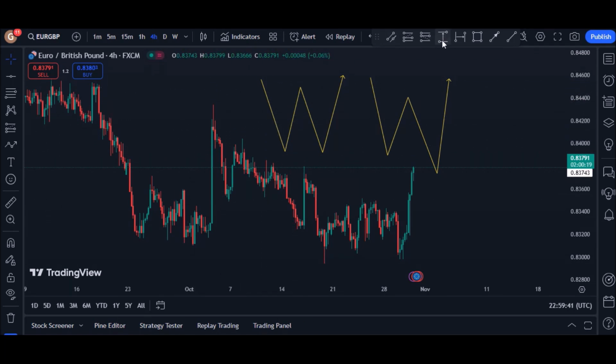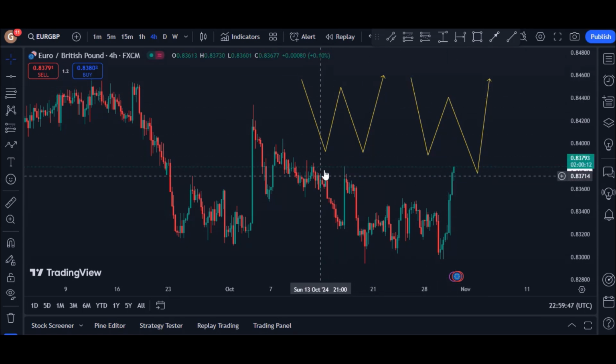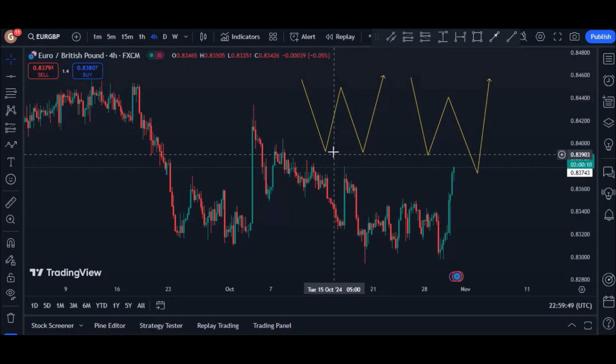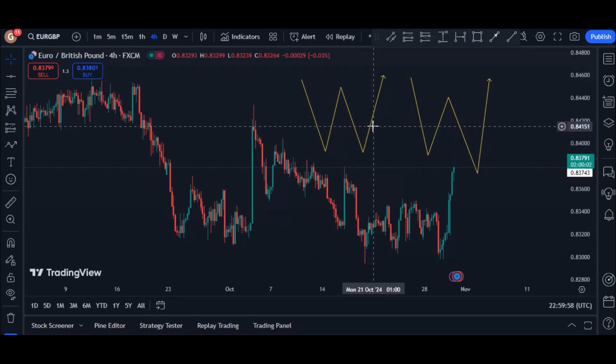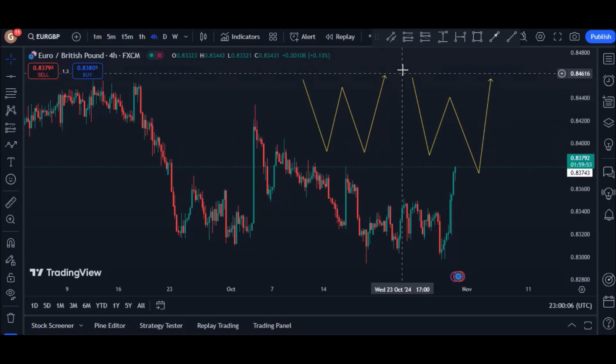So in this instance, there's a probability that the institutions will come and grab this liquidity down here because they know that traders are going to initiate buy trades and put their stop losses below here. So there's a probability that they will bring price down before price goes bullish.